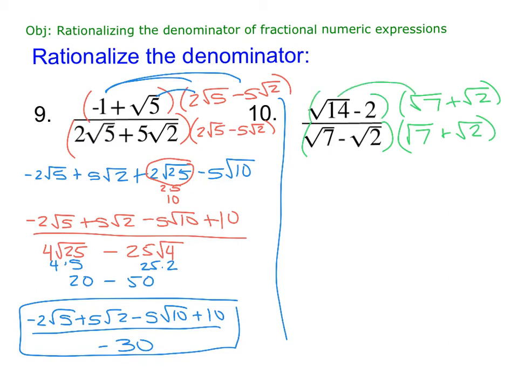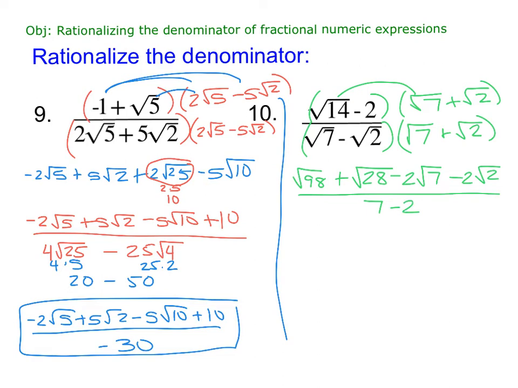So that's root 98 plus root 28 minus 2 root 7 minus 2 root 2. And then the bottom we get 7 minus 2.